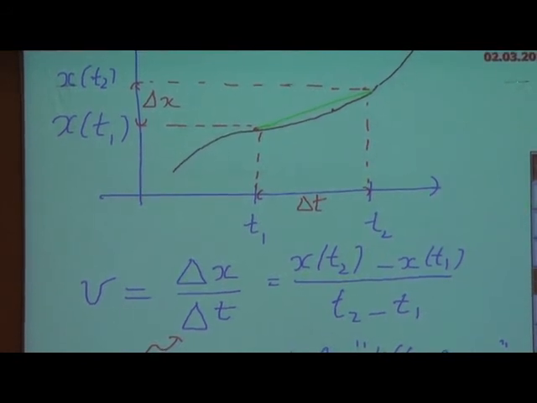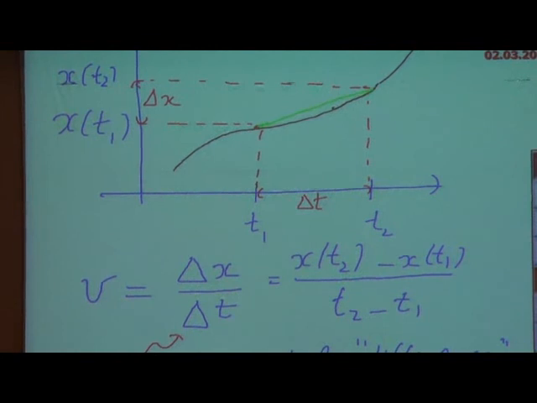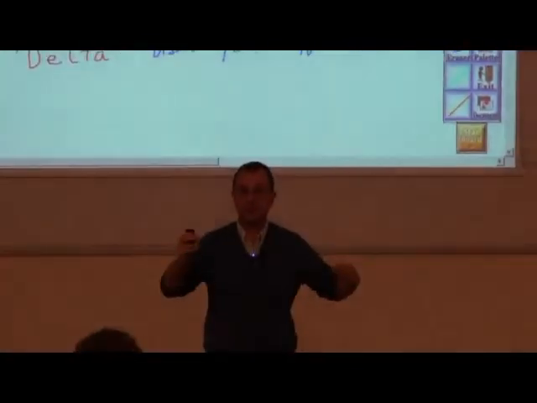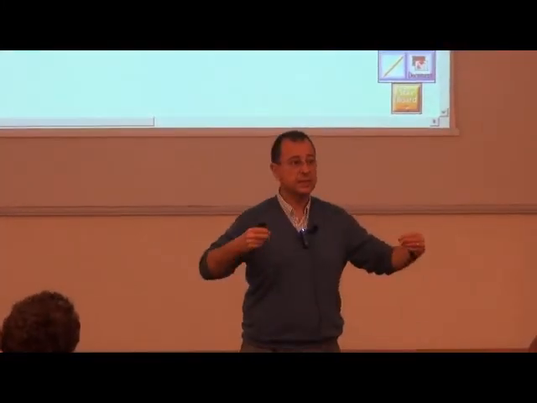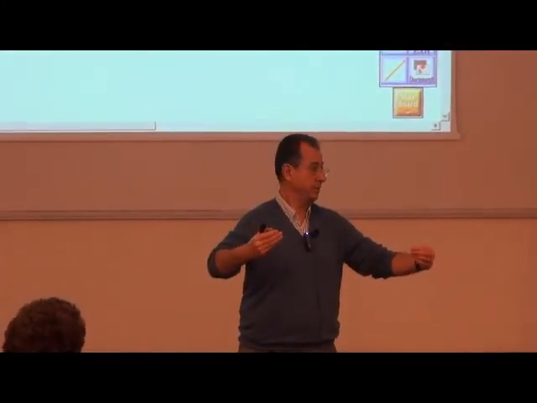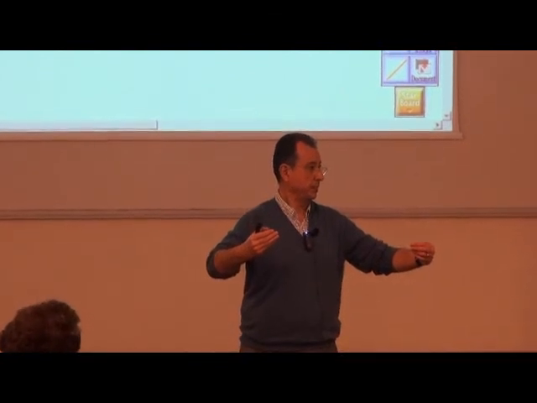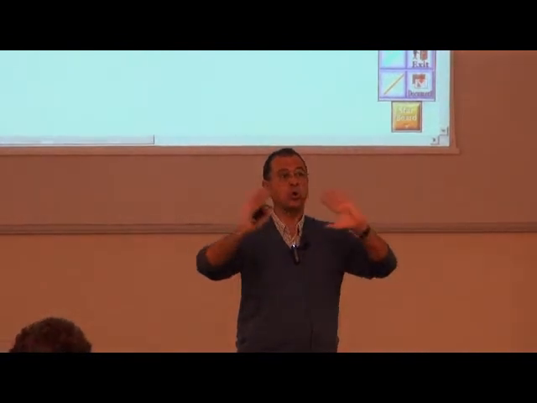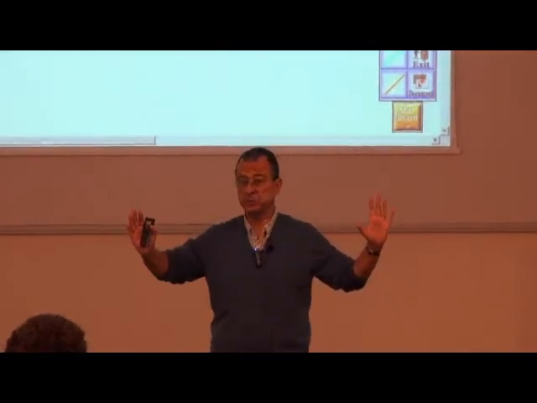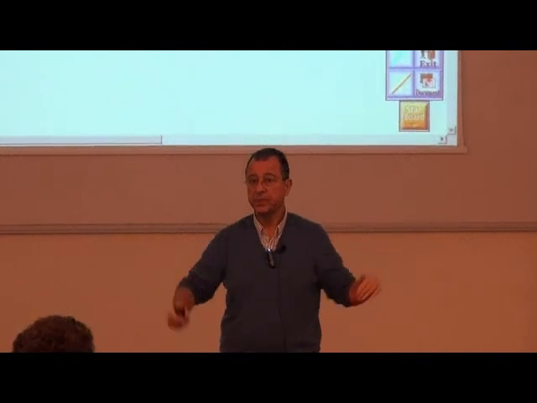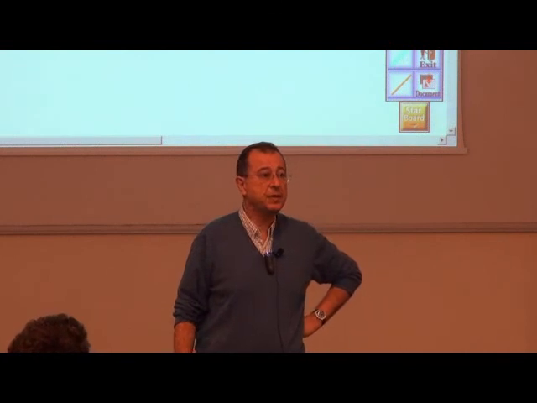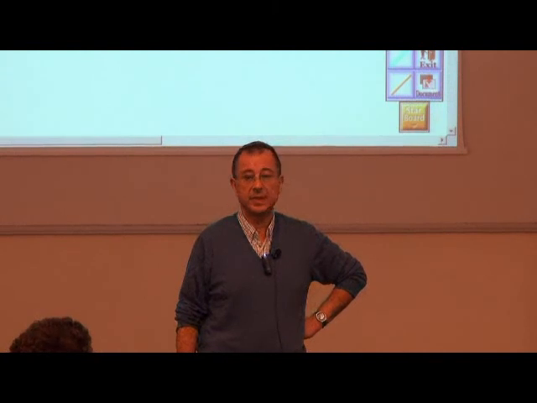So this green line is not the true velocity at all times between t1 and t2. It is an average velocity that describes the motion for the whole interval between t1 and t2. Okay, is this clear? So this calculation gives me only an approximate result.